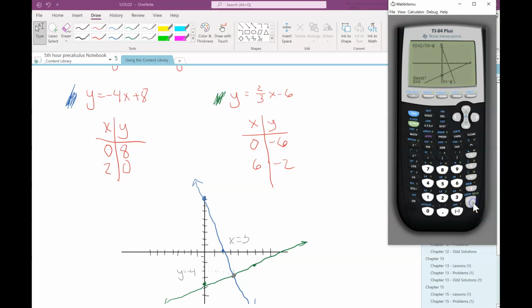So I'm just going to press enter 3 times, and it spits out 3, -4 as my solution. You guys all kind of remember doing this last year? Again, we've done that before, so it should be a relatively familiar process.